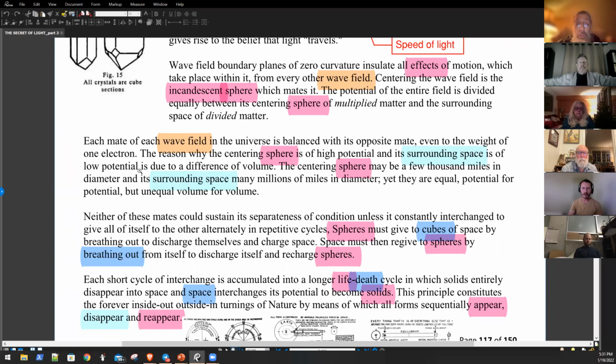So we have great distances of space. The sphere has a minimal volume, to where the space between the spheres has much higher volume. And so that would be called low potential based on volume versus higher potential, smaller volume.